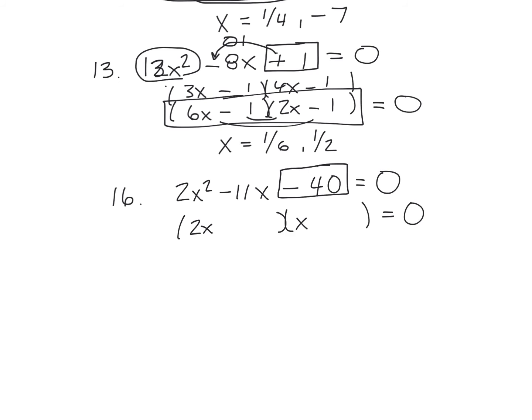And if I pair this 8 with 2, that would be 16x and 5x, which I believe together would work if the 16x is negative. So I'm going to make this negative, this positive. It does check. Solutions would be a negative 5/2 and a positive 8.